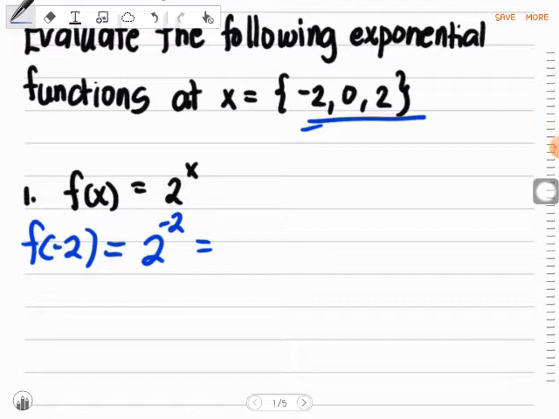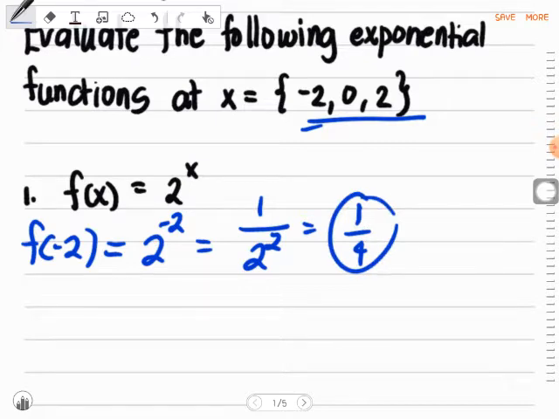And the easiest way is to make it a denominator. So we have 1 over 2 raised to 2. And what is 2 raised to 2? 2 times 2, the answer is 1/4. That is our first evaluation, or the first answer.